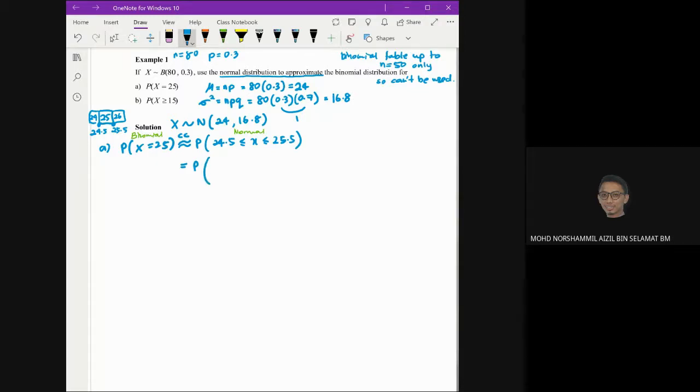Last lecture. Yes, sir. 24.5 minus mu over sigma kan? 16.8. So X we can change to Z already. So 24.5 minus 24 over square root of 16.8. Okay. Calculate what I get?